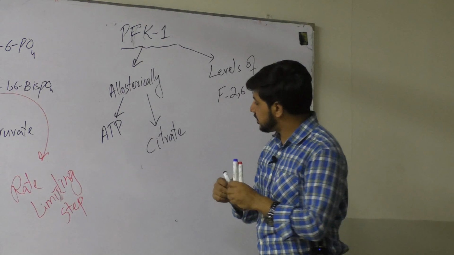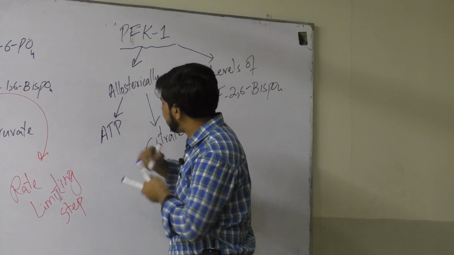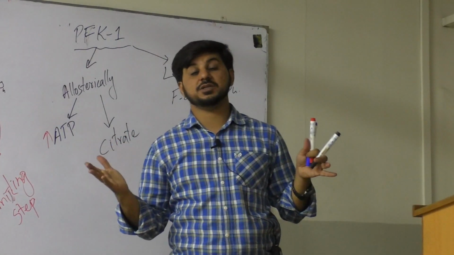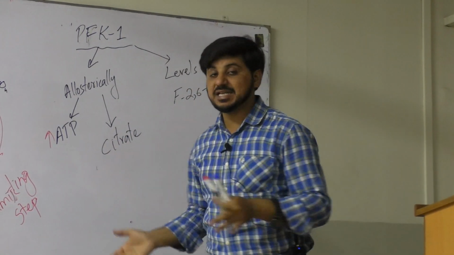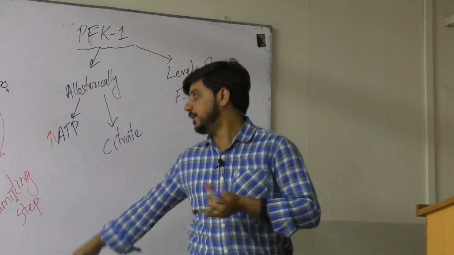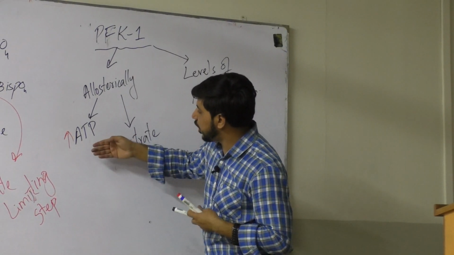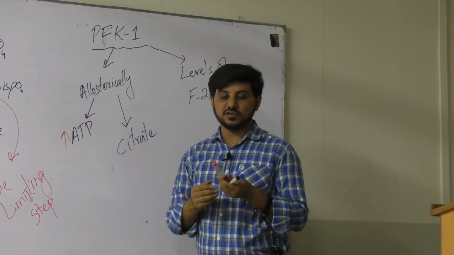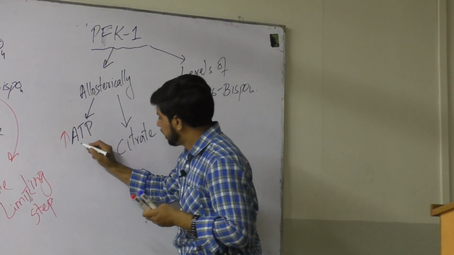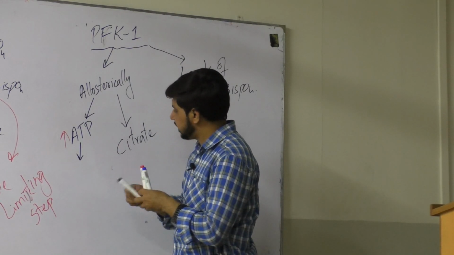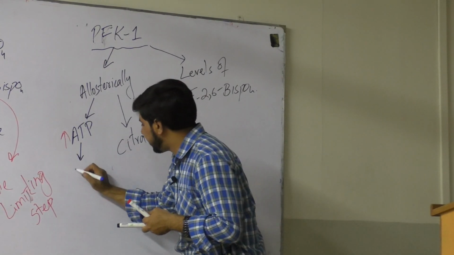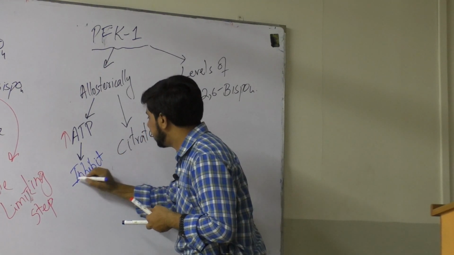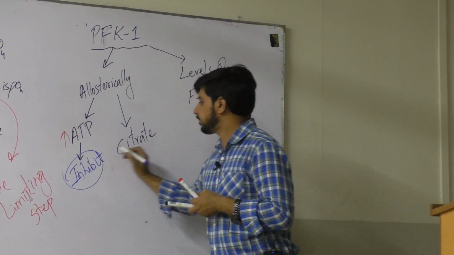Whenever there is an increased level of ATP, it means our body, our cell, is sufficient with energy. It does not need any extra energy. So at that time, these increased levels of ATP simply inhibit the activity of phosphofructokinase 1. So what we are seeing is that increased ATP will inhibit the enzyme.